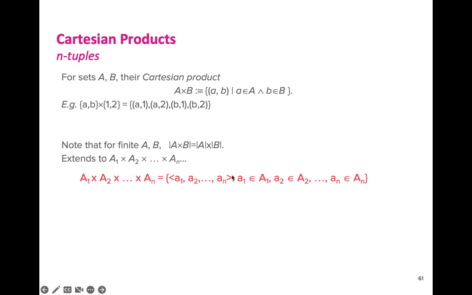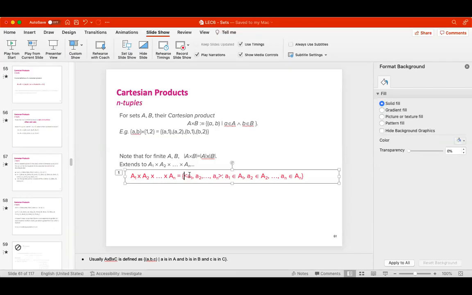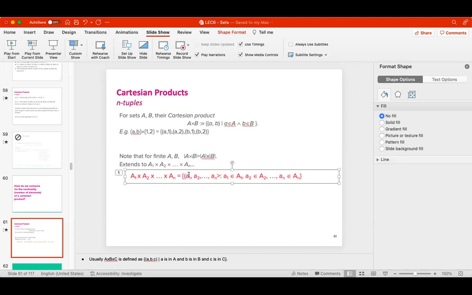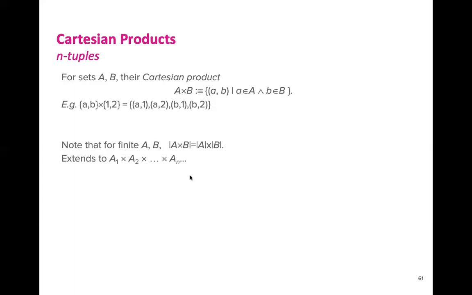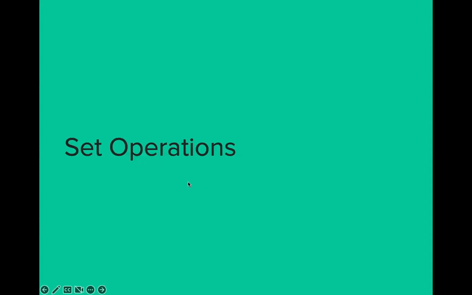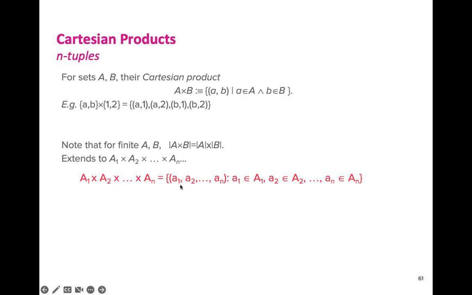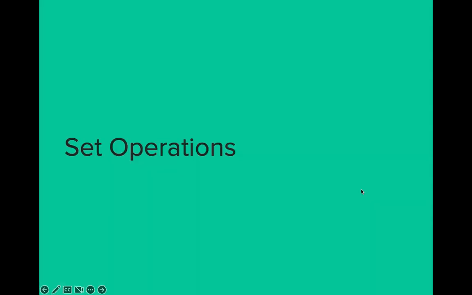We have tuples of a sub 1 to a sub n, wherein a sub 1 will be in set A sub 1, and a sub 2 will be in the set A sub 2, and so on until a sub n belonging to set A sub n. Okay, so now for the set operations.